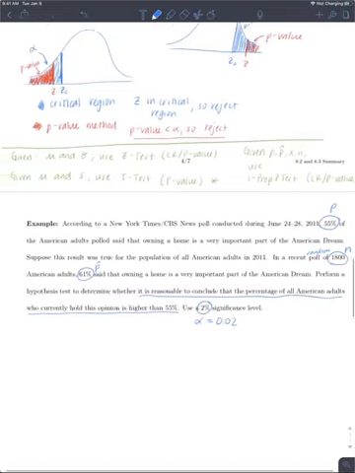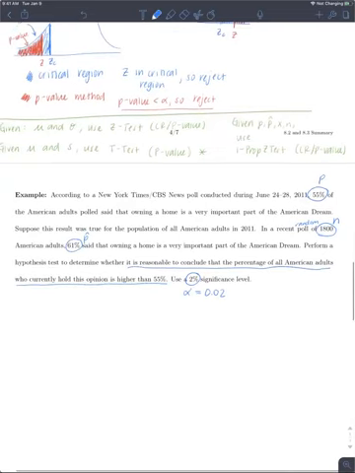And so real quick, let's just kind of write a summary. So we've got P is actually 0.55. It's not 55. You have that P hat is equal to 0.61. N is equal to 1,800.